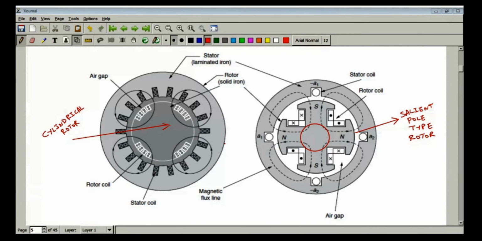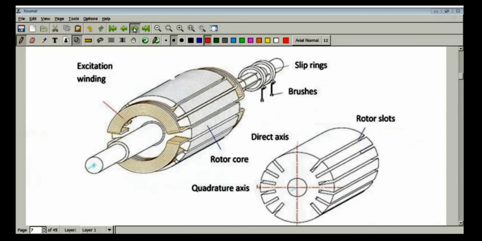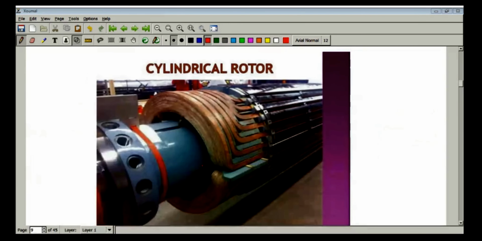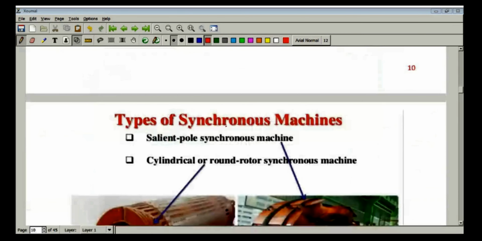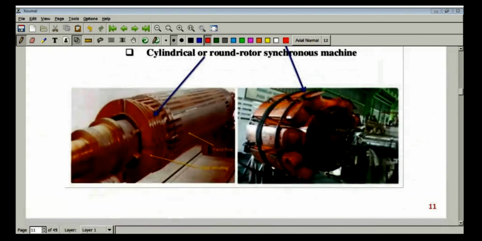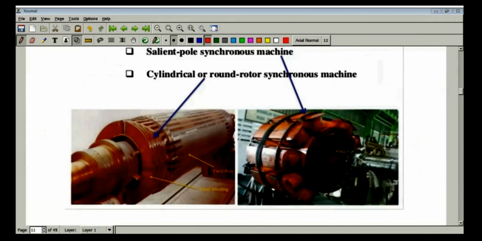Now let me show you some of the diagrams of salient pole rotor. So this is your cylindrical rotor. You can make it out from the diagram. And you can see here there is a comparison right away in front of you.